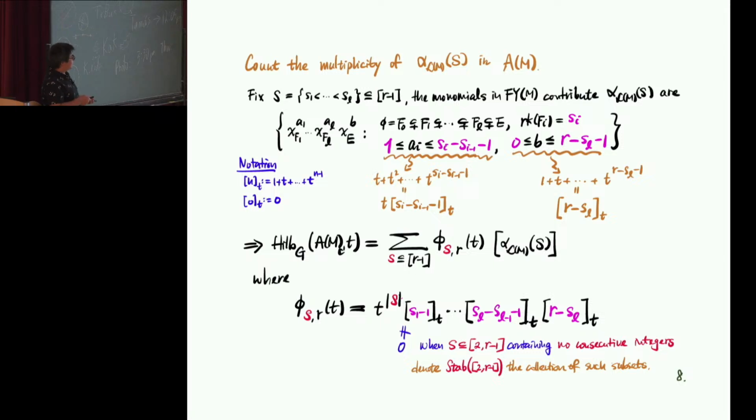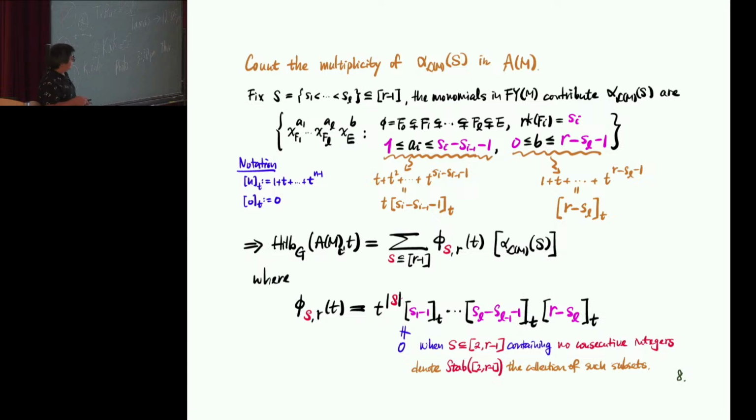If you fix a subset in the 1 through R minus 1 set, then the monomials that contribute to these permutation representations are in this set. And basically, you can write it out nicely. So they are just chains here, and each of these exponents has a restriction. And you can just write out the coefficient by reading the exponent.